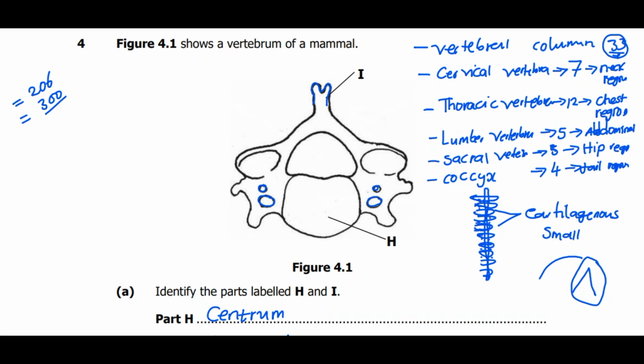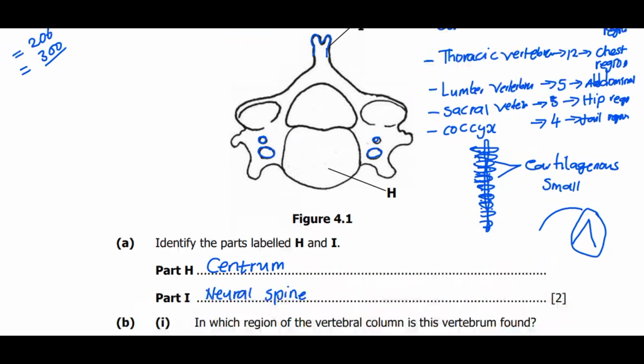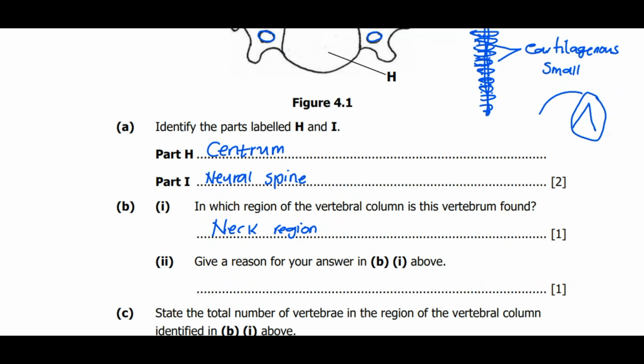Why do we need these spaces? These spaces are the passage for blood vessels and the nerves that connect the body to the brain. So this is why they pass through. So we'll give the reason: it has a transverse foramina.